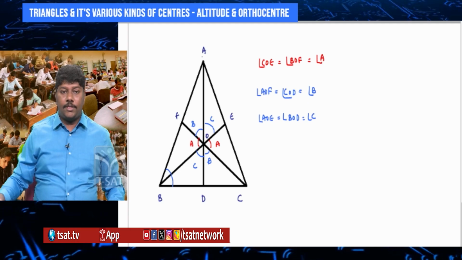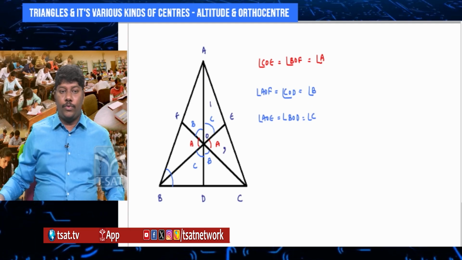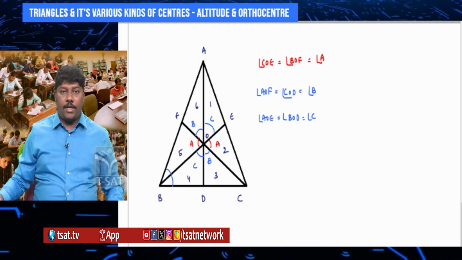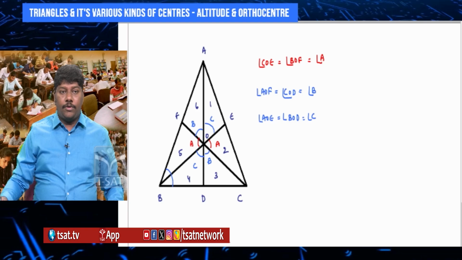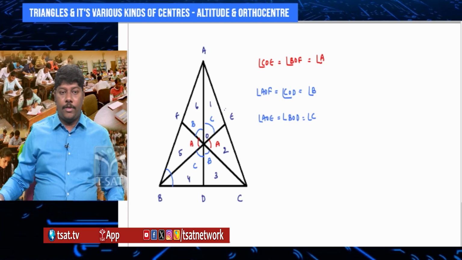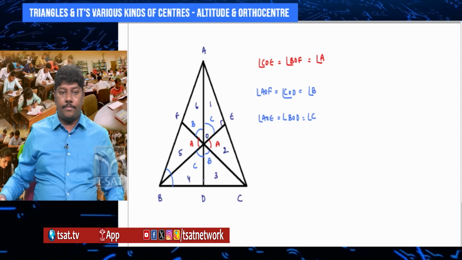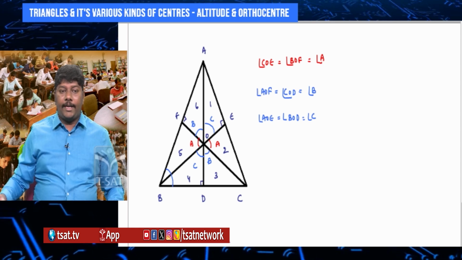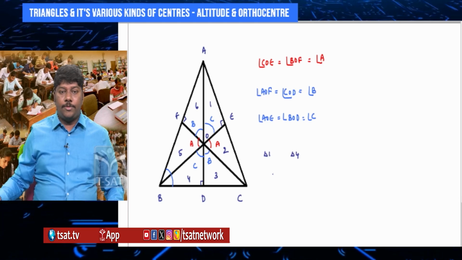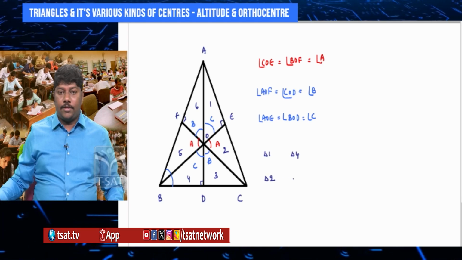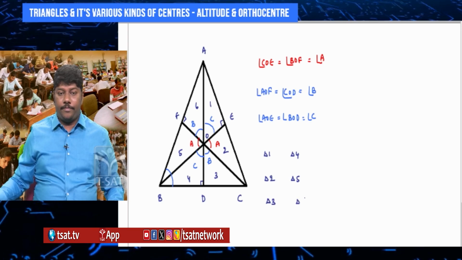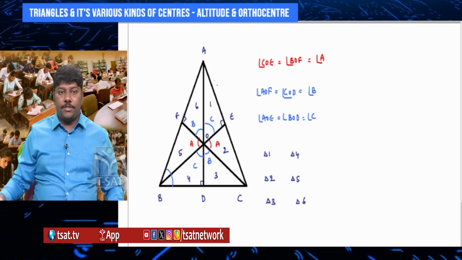Now look, there are 6 triangles here: 1, 2, 3, 4, 5, 6. You closely observe triangle 1 and triangle 4. We all know that these are right angles. Also observe triangle 2 and its opposite triangle 5, triangle 3 and opposite triangle 6. Observe these pairs of triangles.